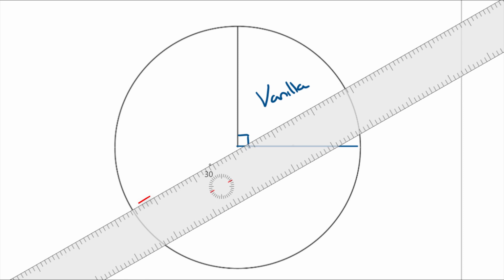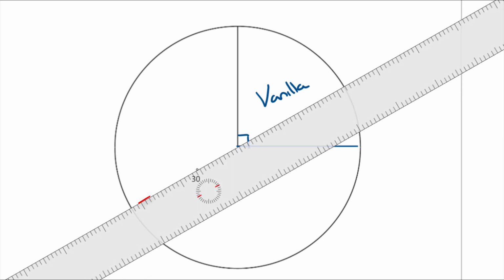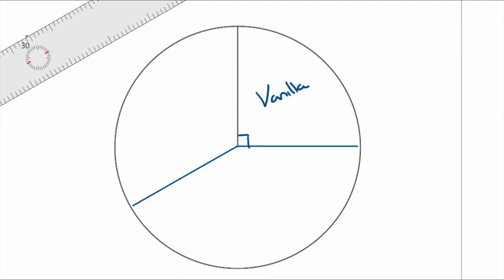It's going to be there then, isn't it? Okay, so then that is my strawberry section. That was 150 degrees.